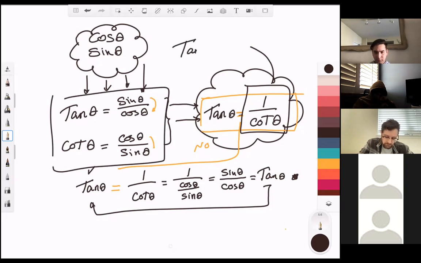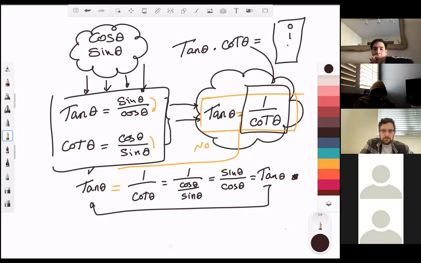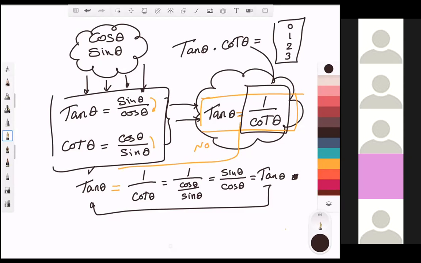What about tangent of theta multiplied by cotangent of theta? Elizabeth, is this 0, 1, 2, 3? Which one do you pick? Elizabeth with the calculator. I'm not sure. Yeah, we cannot plug in the calculator, correct?